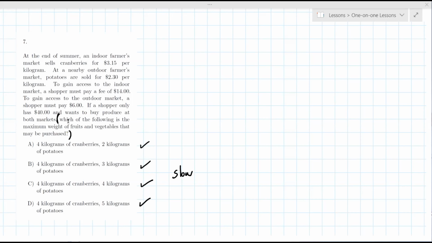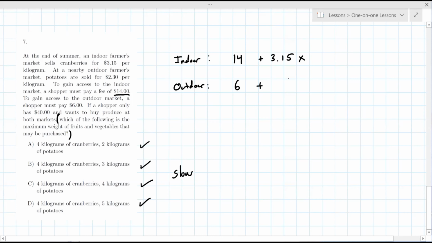So there are 2 markets, an indoor one and an outdoor one. What is the cost to enter the indoor market? $14. And then cranberries are sold there for $3.15 per pound. At the outdoor market, there's a $6 fee to get in, and it's $2.30 per pound.